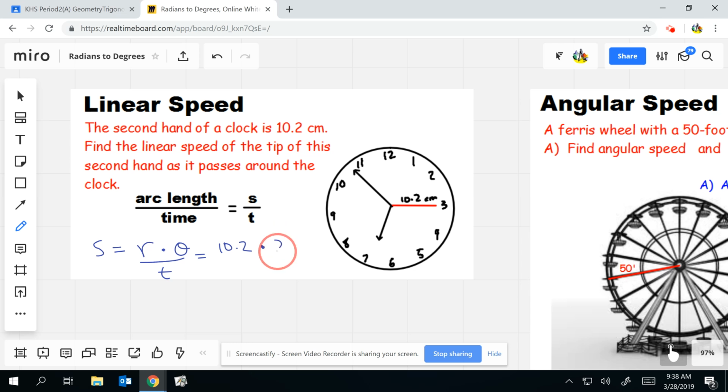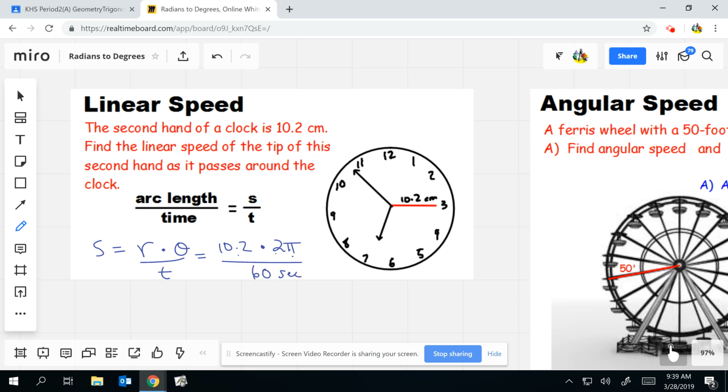So times 2 pi. That's basically 2 pi r right there. That's your circumference, isn't it? 2 times pi times radius. So that's your arc length, one full circumference. You're going to divide that by 60 seconds because it takes that long to get around.